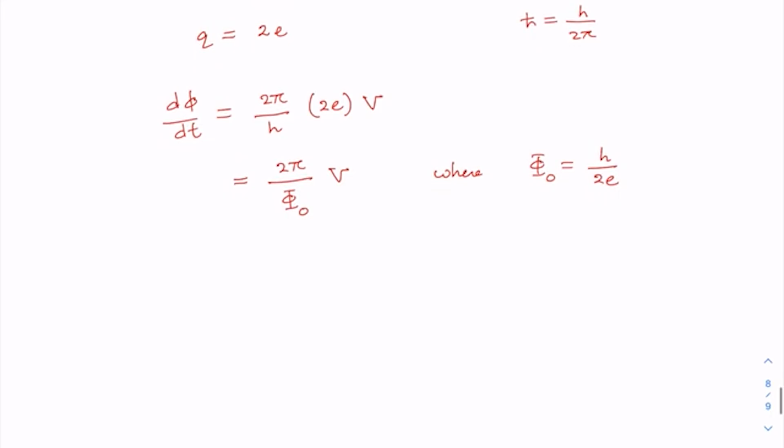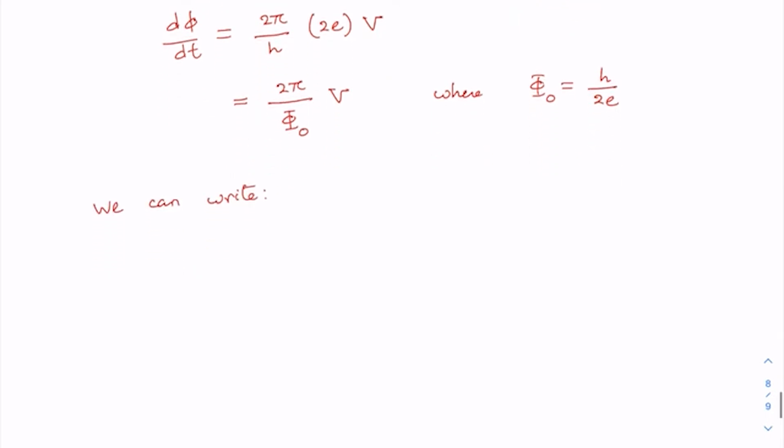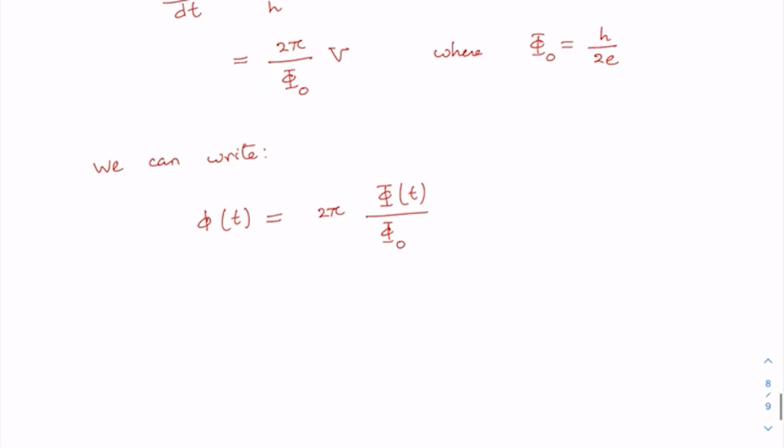Now we can write phi of t is equal to 2 pi times the magnetic flux phi of t divided by the flux quantum, where the magnetic flux phi of t is equal to the integral of the voltage v of t dt dash.